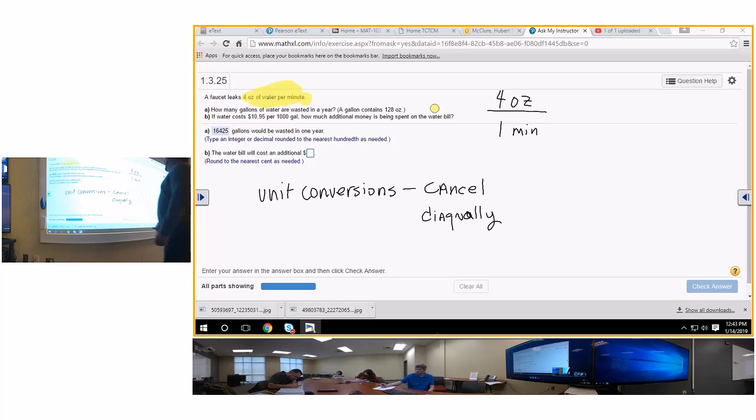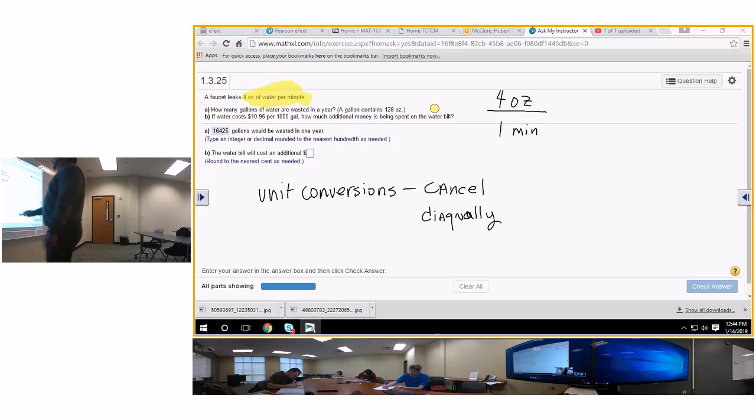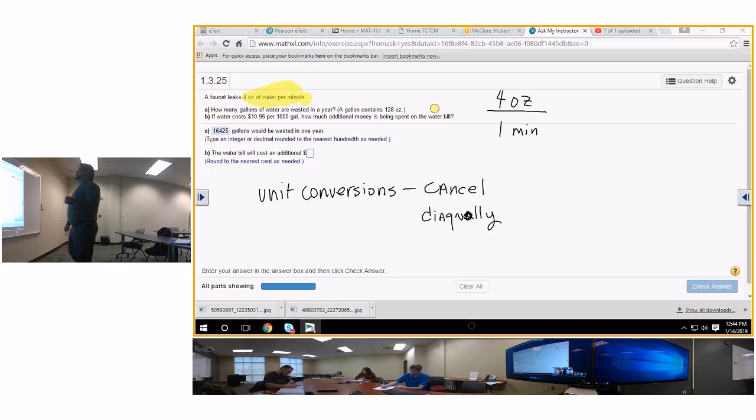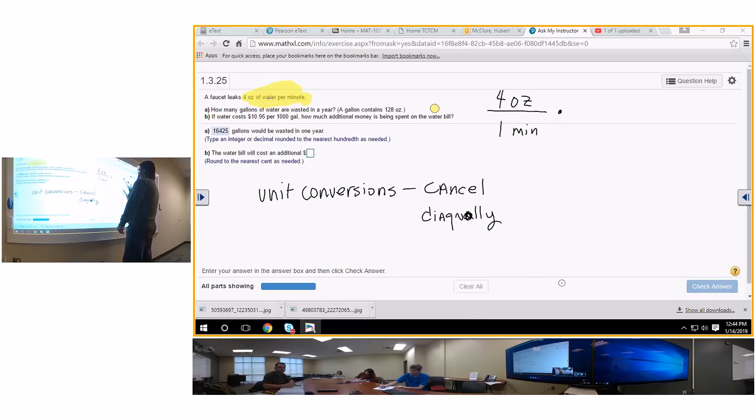I don't know how to spell diagonally, but anyway, that crisscross. They have to cancel out diagonally. All right. So I've got to have minutes on top and ounces on bottom, so that I'm able to cancel.